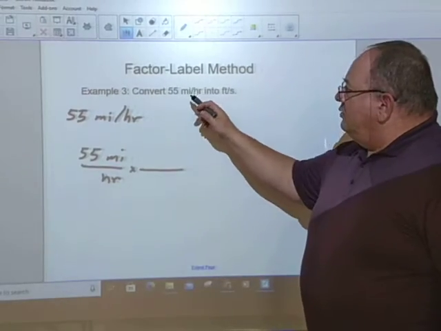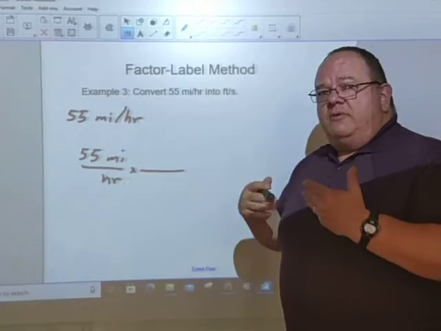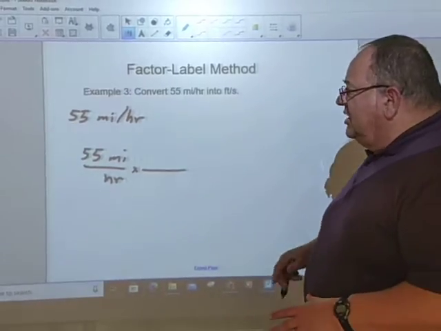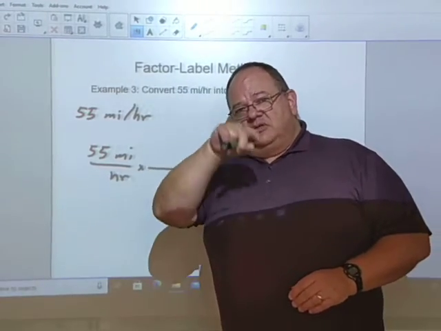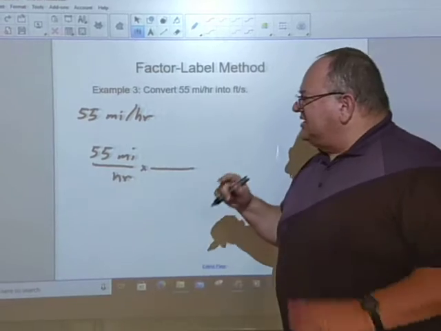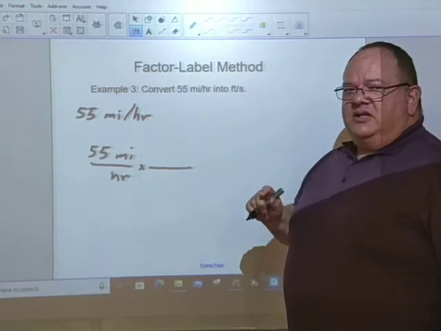Let's see. Well, I don't know how many miles per hour are in a feet per second. I don't know that relationship. What I can do is break this apart. I can take it in pieces. Just like I went from pints to gallons by going by way of quarts, I can do this in pieces. And in this case, I'm going to look at my length label. I got miles and feet.